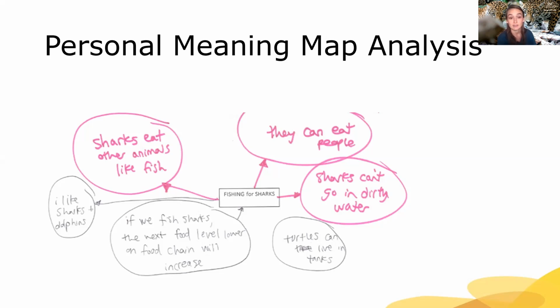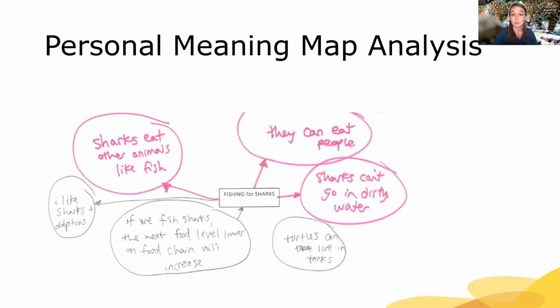Rather than asking people to tell you what they think about fishing for sharks, you give them something like this and they can interact with it in a different way to produce some responses. And the design of it might tell you something as well.